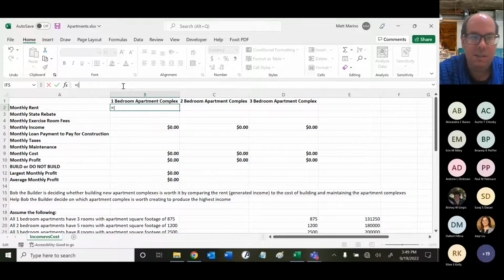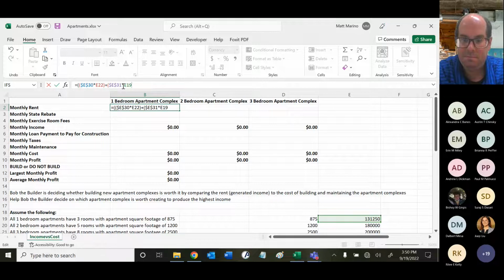All right, so equals parentheses, the absolute of E30 times E22 plus parentheses, the absolute of E31 times E19.